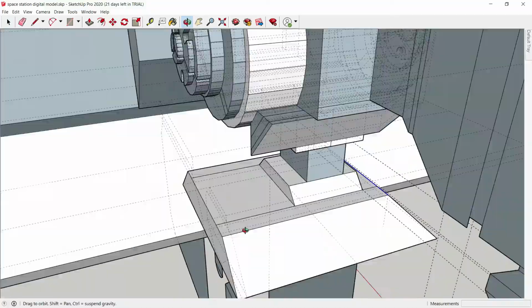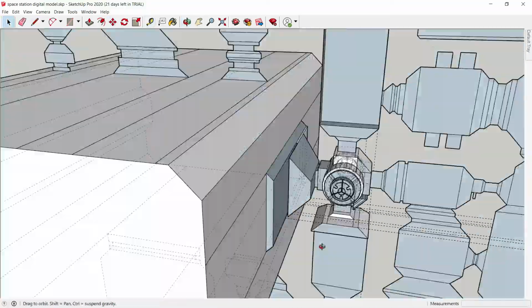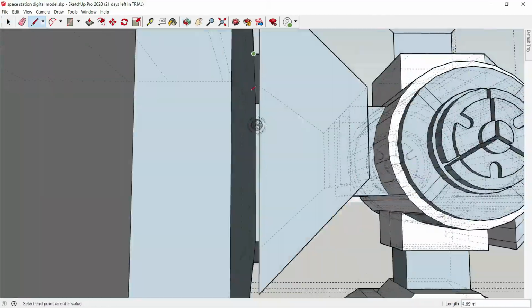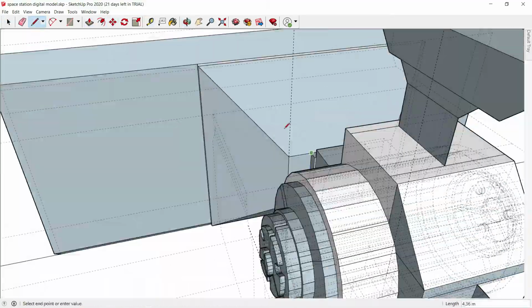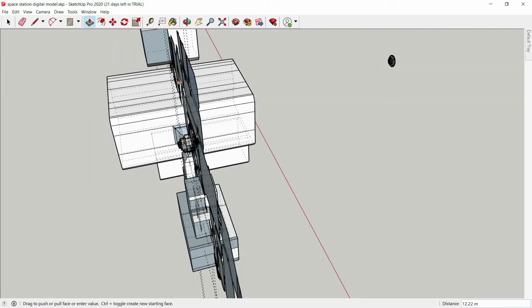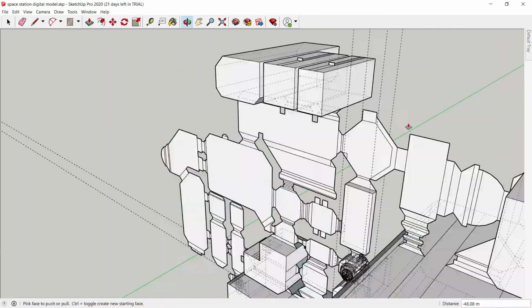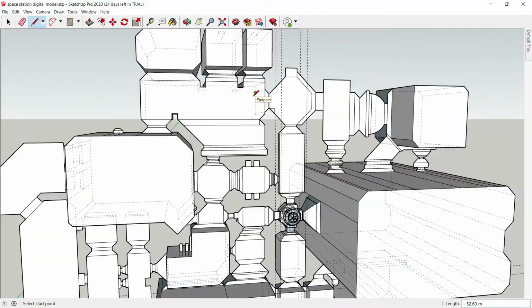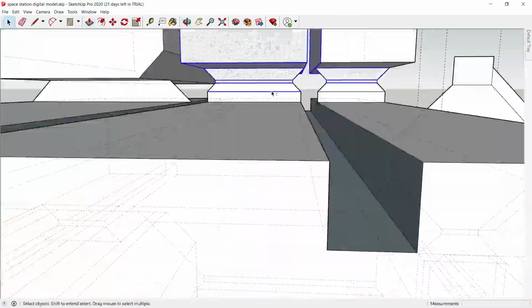All of you techies out there, you're probably just scoffing in your chairs right now. You're like, this kid is pathetic. He doesn't know how to use SketchUp. Whatever. Anyways, there were definitely a few difficulties with certain areas, because not everything was perfect, and I don't care if it was perfect or not.